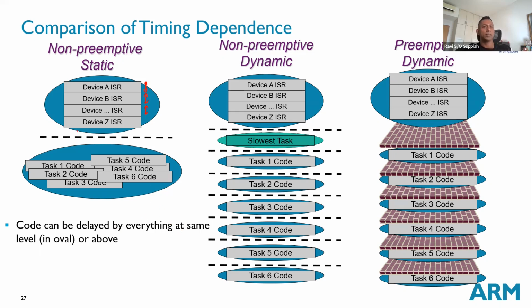Since in a non-preemptive static system I go in a sequence, task 1, task 2, task 3, and so on, when task 1 is run, I will wait the same amount of time before the next iteration of task 1.